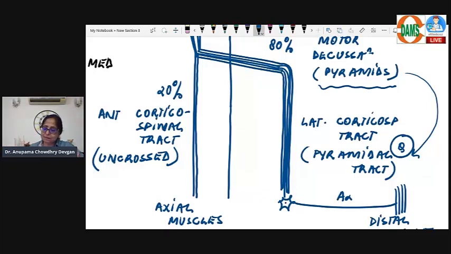So anterior corticospinal tract is an uncrossed tract. Lateral corticospinal tract is a crossed tract, formed by fibers which have crossed over to the opposite side. That is for fine skilled movement. Anterior corticospinal tract is an uncrossed tract. They do not cross to the opposite side.